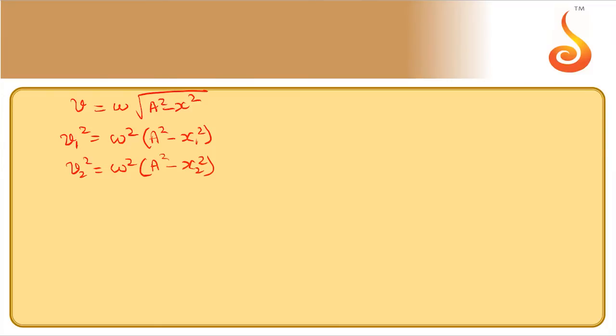Now we need an expression for time period. So don't divide these two. If you divide these two, omega gets cancelled, and we cannot calculate the time period in that case. So we'll subtract these two. Before that, I'll write it as v1 square by omega square equals a square minus x1 square.